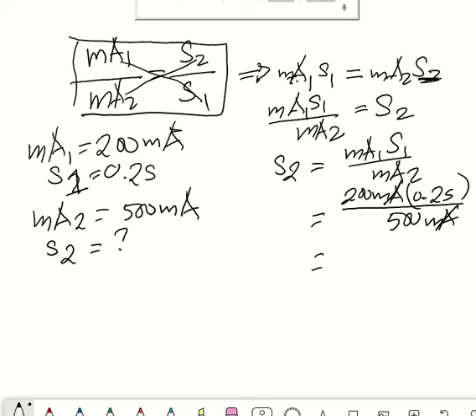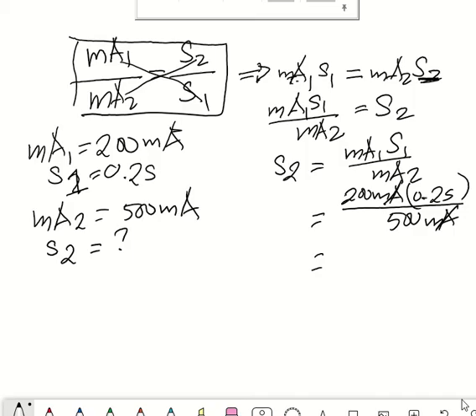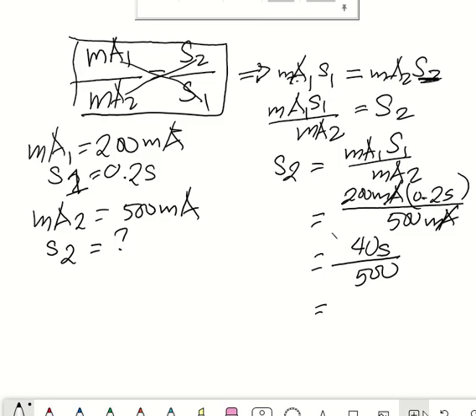I don't have a calculator here, but let's check: 40, correct. So this is 40 seconds divided by 500. 40 divided by 500 is 0.08 seconds.